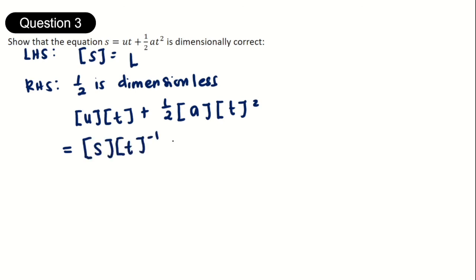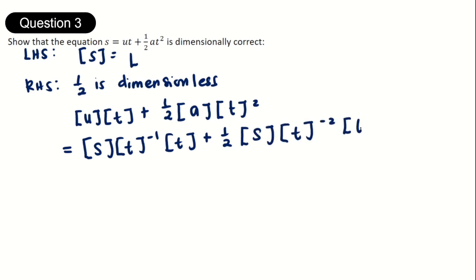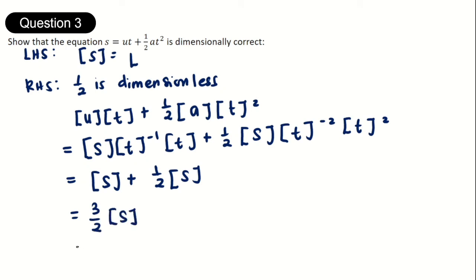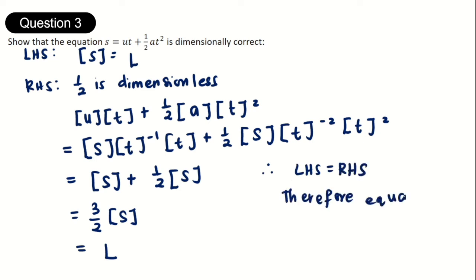We can conclude that the final dimension for the right hand side will be the dimension of s, or we can express it as capital letter R. So the left hand side equals the right hand side, and we can state that the equation is dimensionally correct.